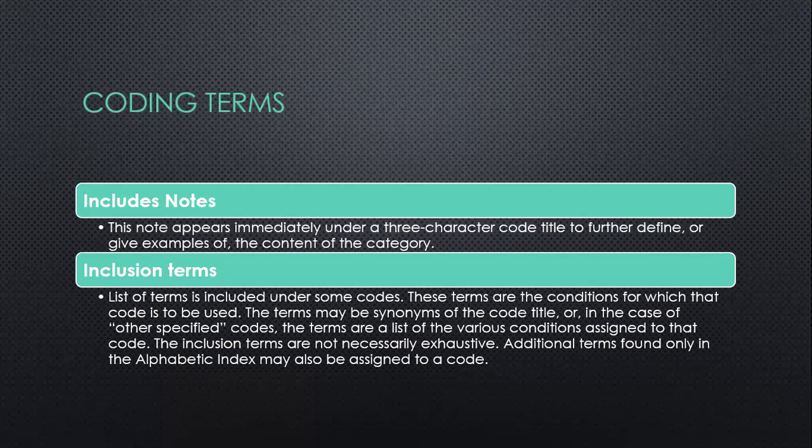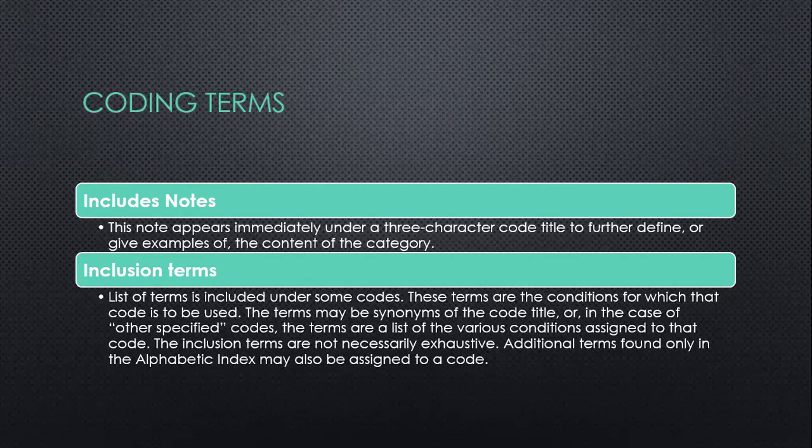Basically, what that's telling you is that if you see a list of diagnoses included in the three-character code you're using, any of those diagnoses are included in the main code. That means that if it's included, you do not code it separately. It is encompassed in that three-character code.